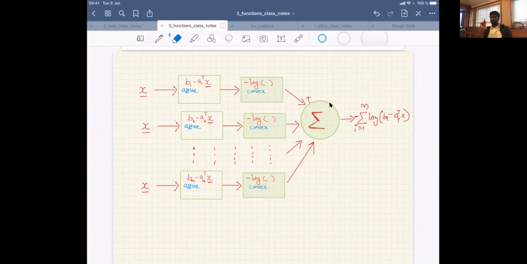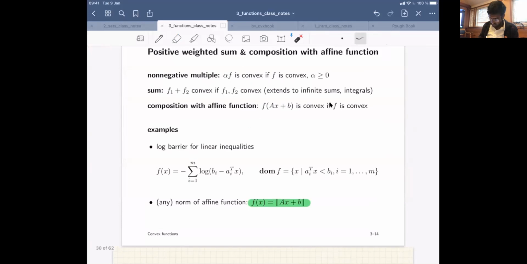They are both convex and concave. So I will clarify my point. Here I have a convex function and the argument is an affine function. I cannot generalize this for any convex function. If I put any convex function here, it need not be convex. That we will see very soon. So here I'm just talking about a convex function whose argument is an affine function.